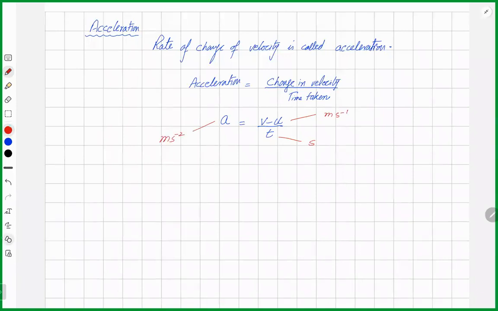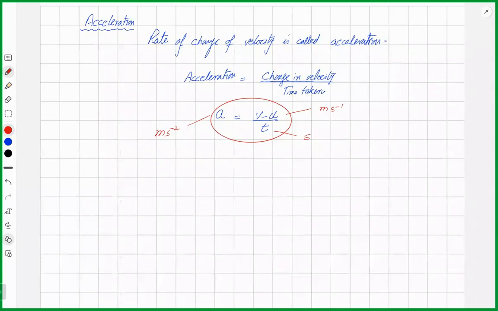Now, so acceleration is rate of change of velocity. How much velocity changes in unit of time?